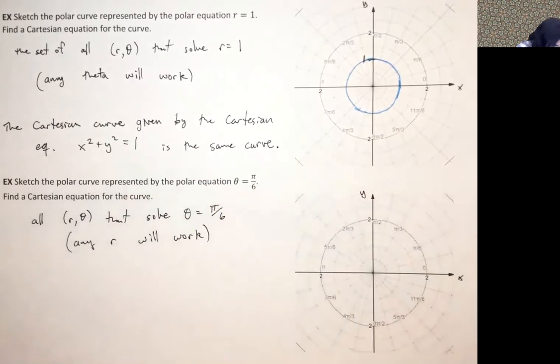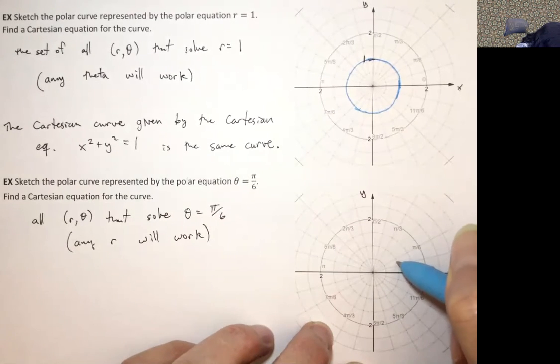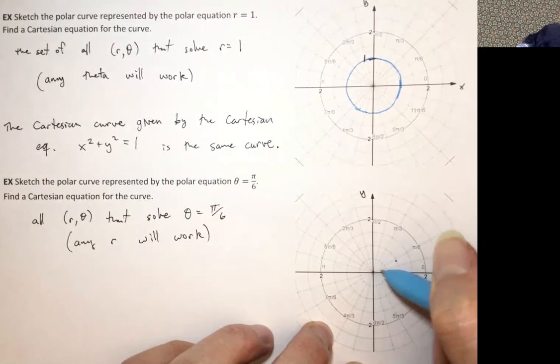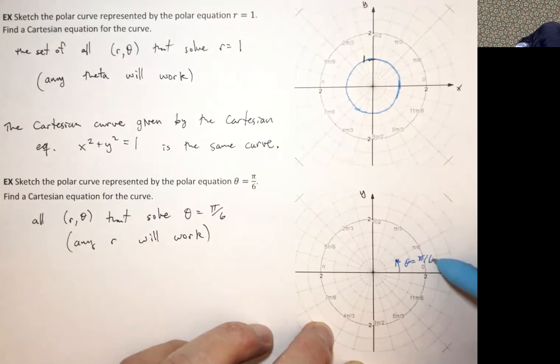So this actually means to take a look at moving pi over 6 away. So that would be this angle right here, pi over 6. And any r will work.